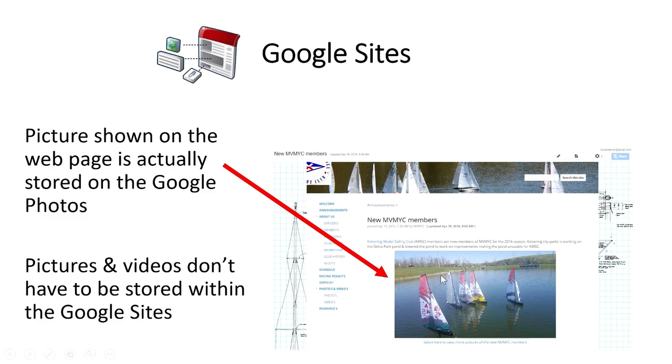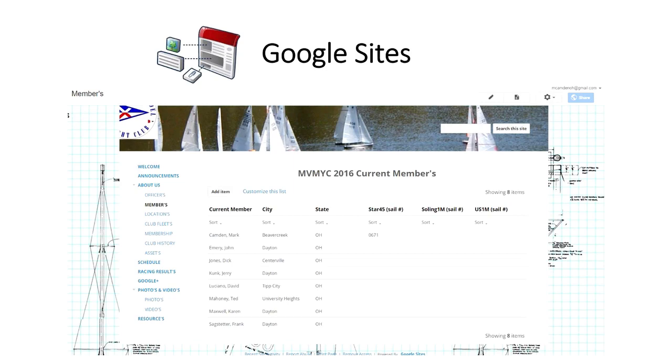So anything in YouTube or anything under Google Drive or Google Photos, you can display onto your web page. Here is also where I can have a chart and I can list things. I can resort them. Any user that's visiting the web page can resort them.